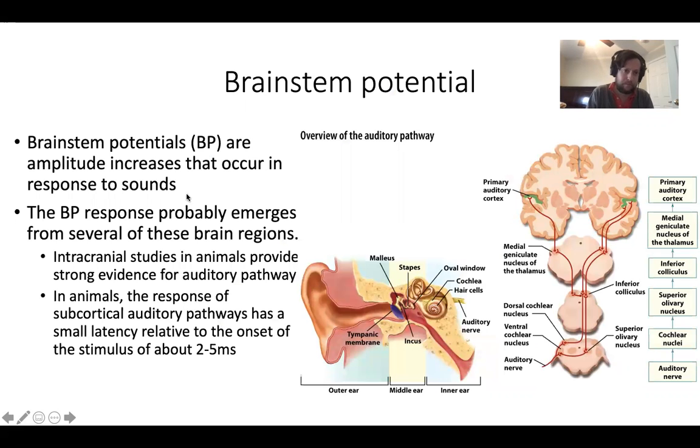Brainstem potentials are fluctuations in the electrical activity that occur in response in particular to sound. All sensory signals go to the brainstem at some point, but sound appears to be the modality where the very first place it goes is the brainstem, and there's a lot of processing that occurs in these subcortical structures for sound.